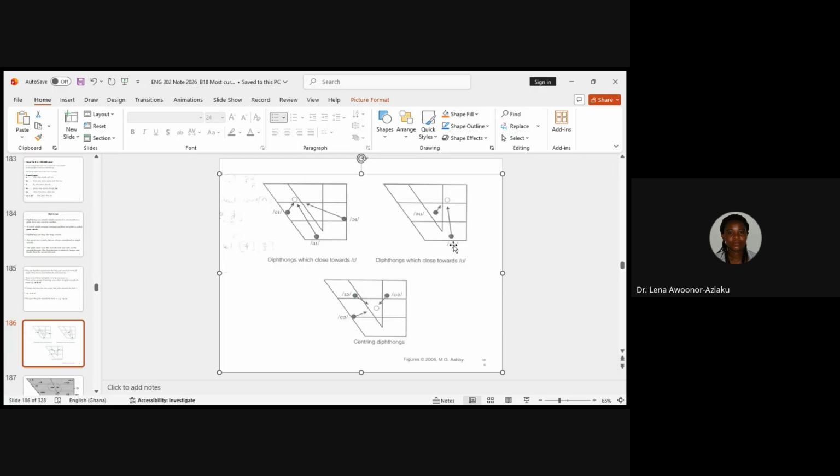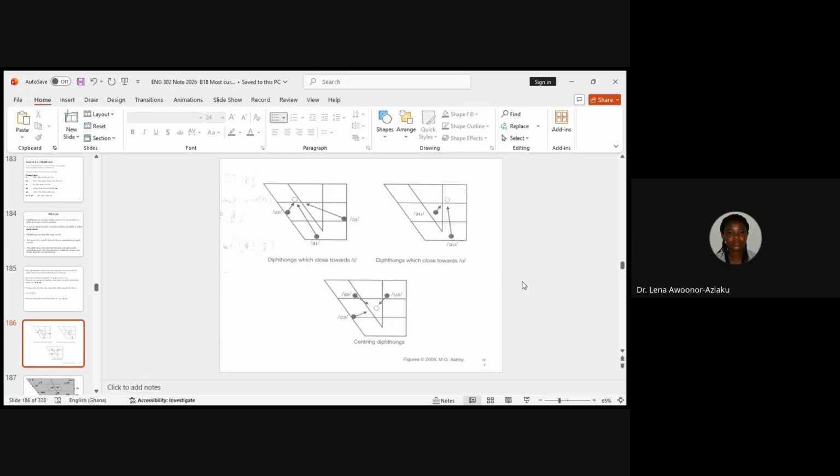And then we have A, ow. Then the centering, it starts from E and then ends on a schwa. So we have E, air, ooh. So we have the three sets now: closing, centering.